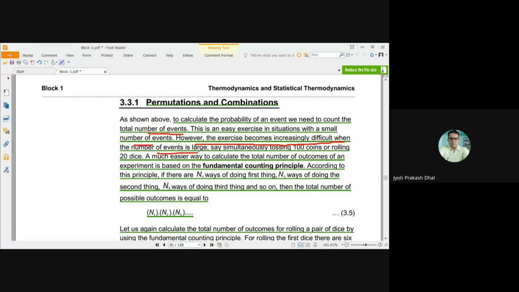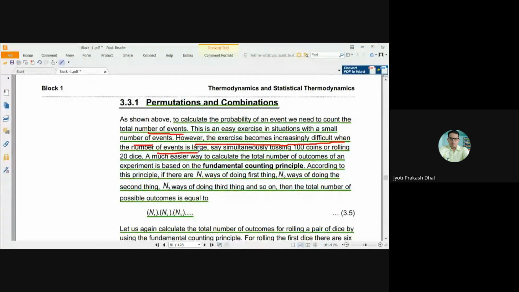But when the number of events is very large, for example, simultaneous tossing of 100 coins or rolling of 20 dice, a much easier way to calculate the total number of outcomes of an experiment is based on the fundamental counting principle.